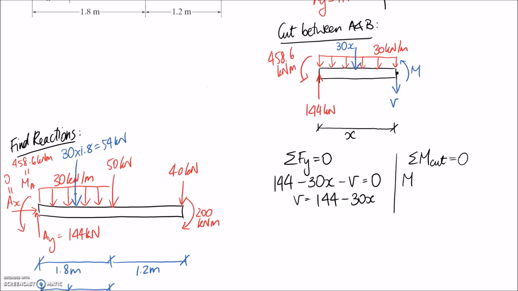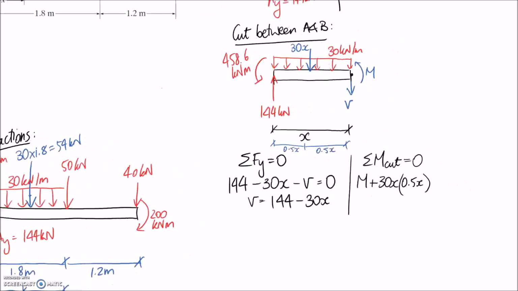We've then got the 30x of the point force, and I forgot to draw it in, but we know that this is going to be acting halfway along, because it's the center of the rectangle. So the distance from the cut point back to this is 0.5x, and the direction is going to be anti-clockwise, so it's positive.